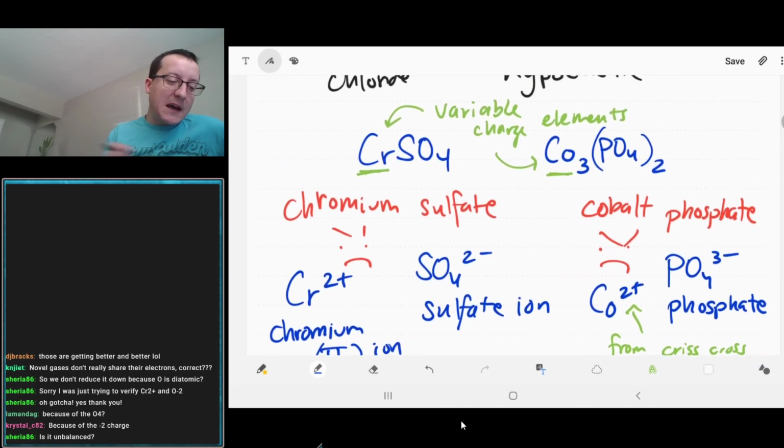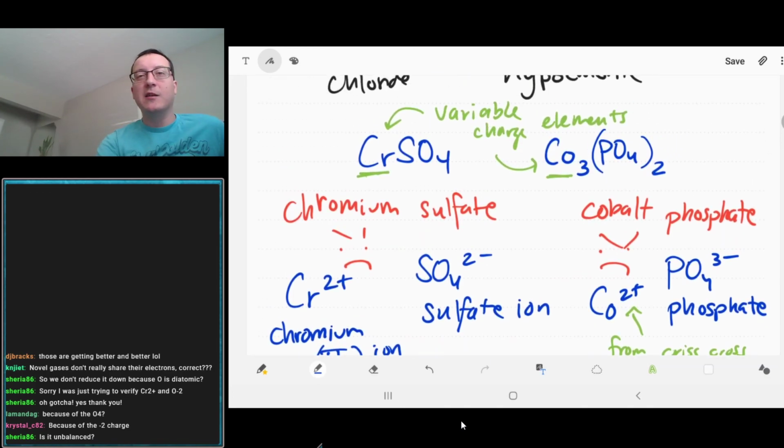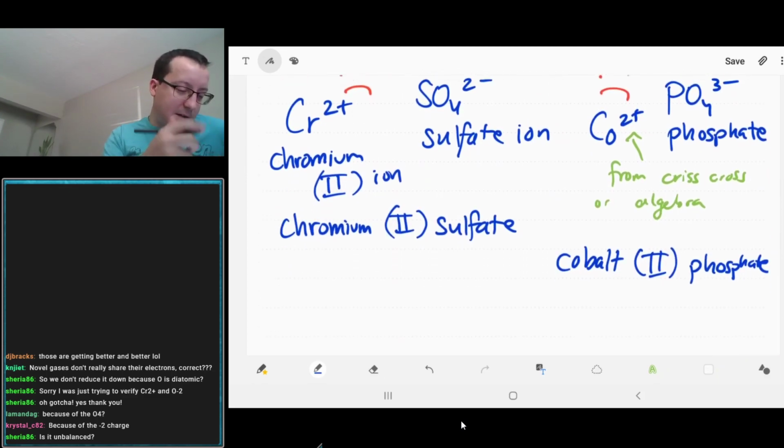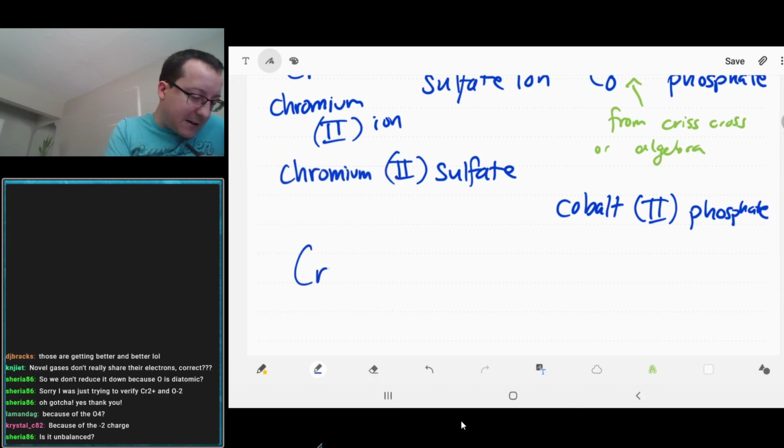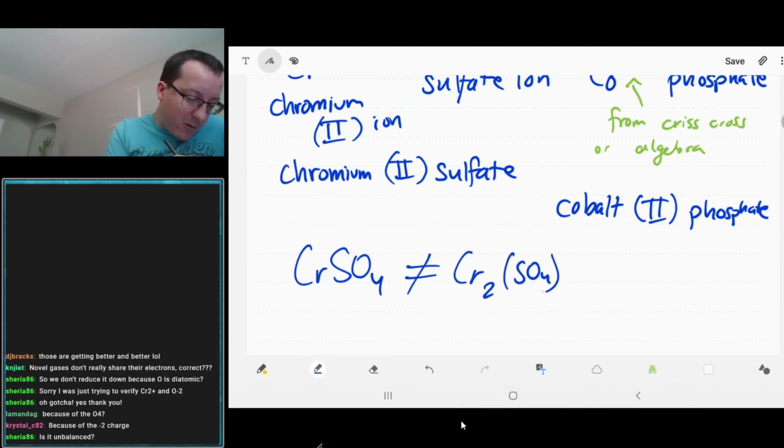So whenever we have these variable charge elements, the transition metals mostly, there are a few that are not transition metals, but when we do have transition metals, we always have to indicate the charge, because we're going to see that chromium could do all sorts of things.